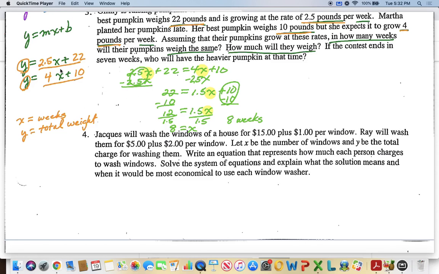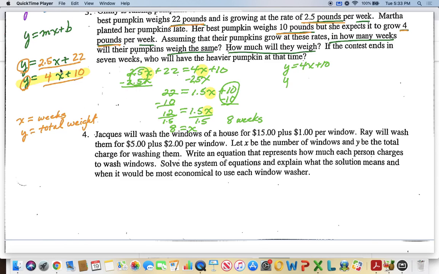All right, and we know that x is equal to 8. Because we know that, we can take that x and plug it back into one of these original equations. It looks to me like the second equation will be slightly easier math, so I'm going to use that one. I'll just rewrite that up here. y equals 4x plus 10.